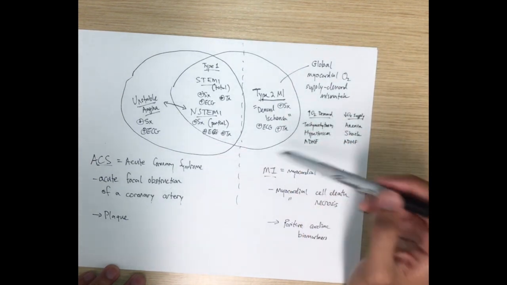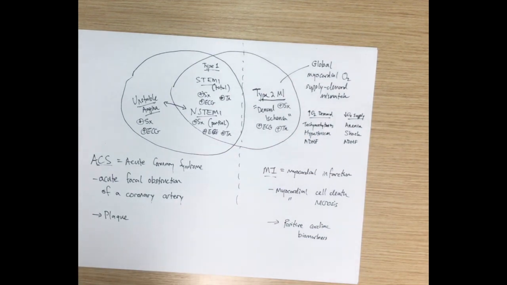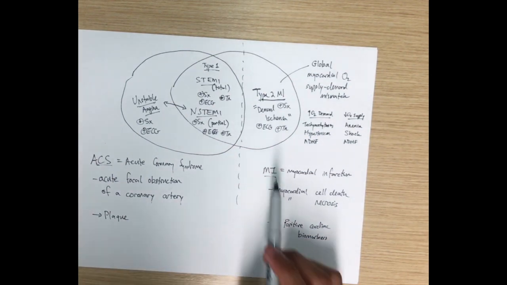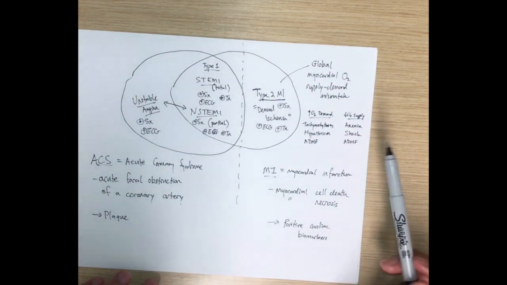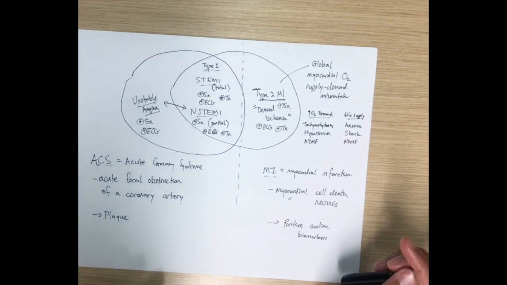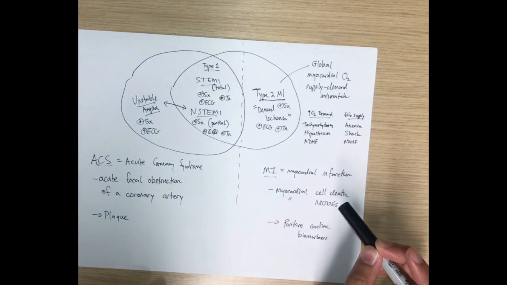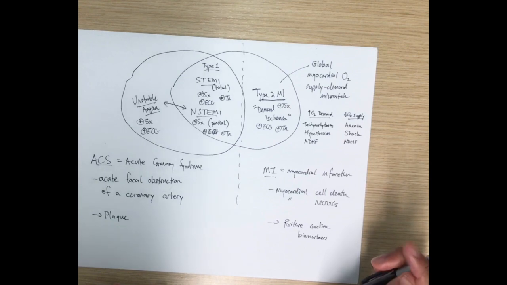In all of these conditions, people can have symptoms and ECG changes that are consistent with ischemia, and except in the case of unstable angina, you can also have elevated biomarkers. And so that means that none of these things in isolation is going to be enough to make the distinction.